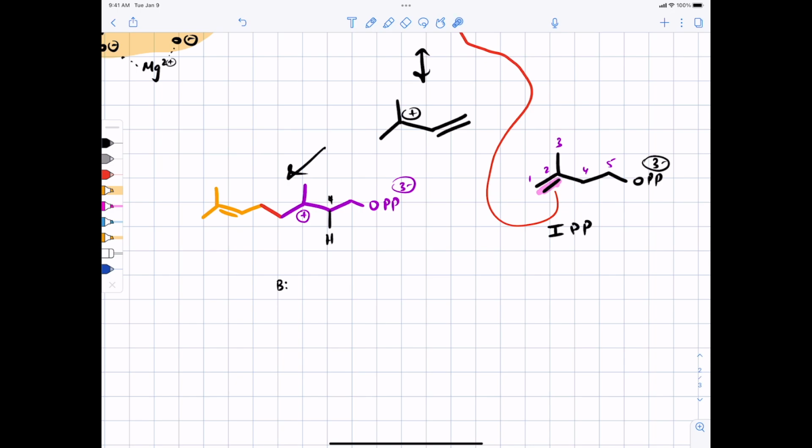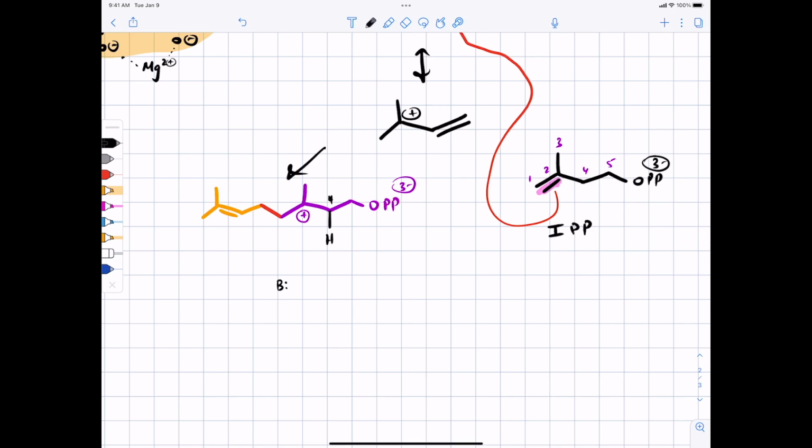There are other beta carbons available. This one would give you a less substituted alkene. This one would give you a similarly substituted alkene, but in terms of chemical strategy, you really want the double bond here so that this can be an allyl leaving group so you can do more chemistry.